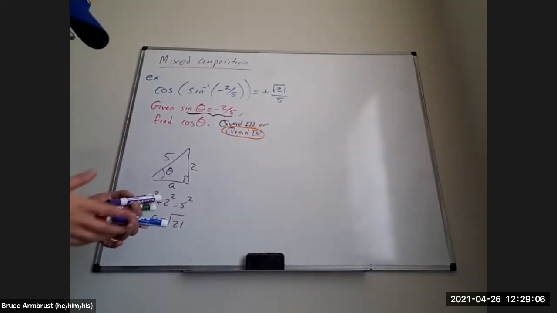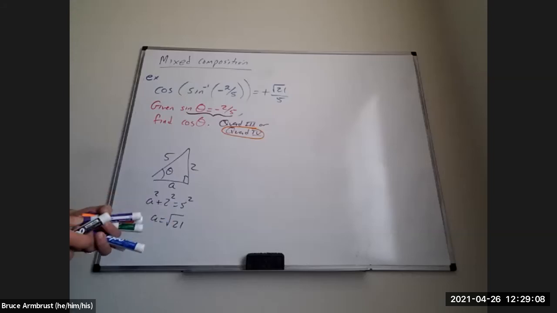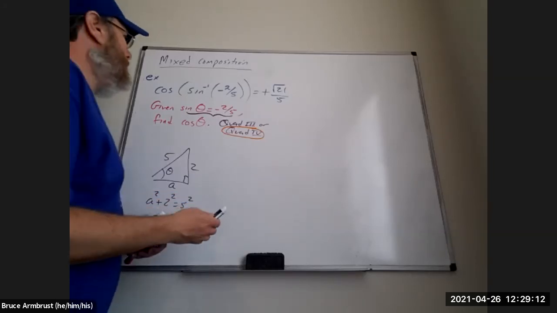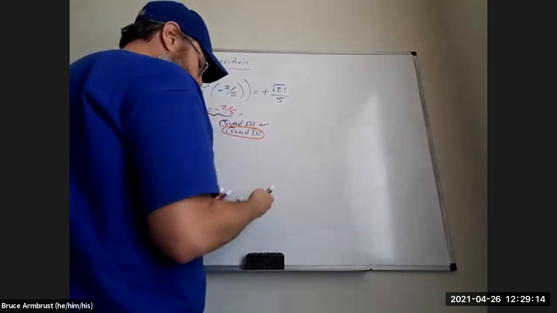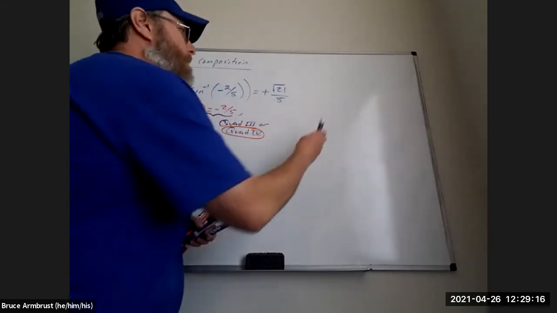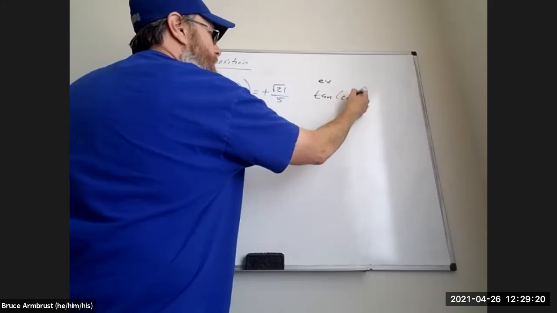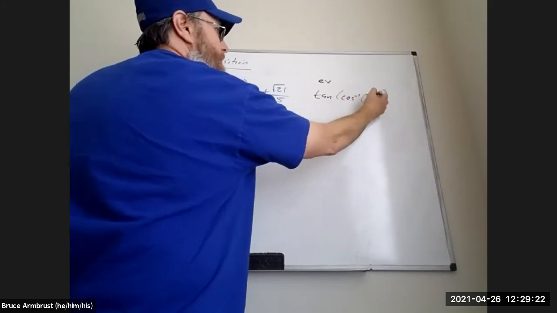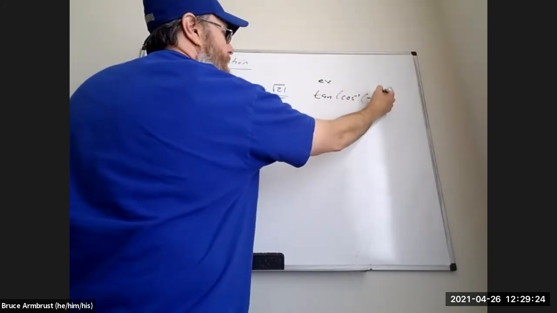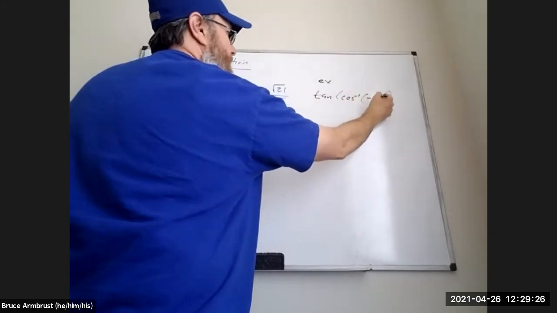So here's another one. Let's do the tangent of the inverse cosine of minus 5/6.